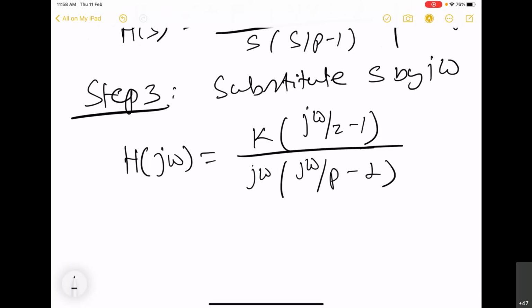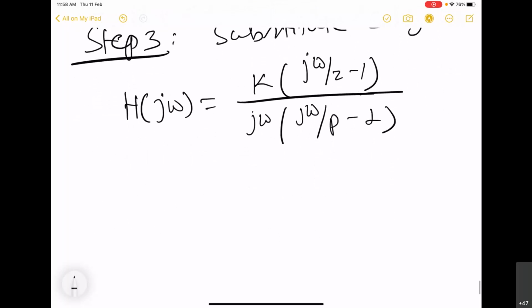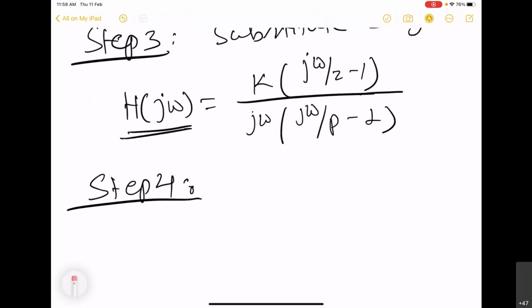Now we will see how the plot of this transfer function can be made on a log axis. Why did we move from the actual value to a log axis? We are going to work out step 4 in a lot more detail. This will reveal the advantage of the log axis. So now here we move to the log axis.